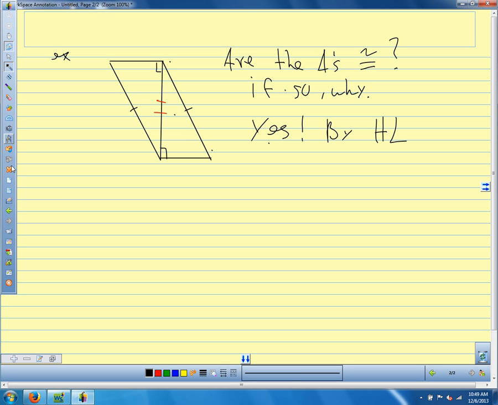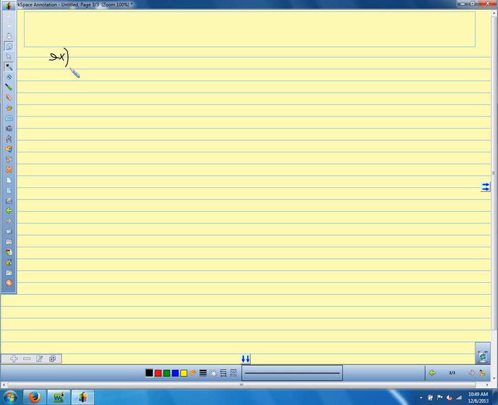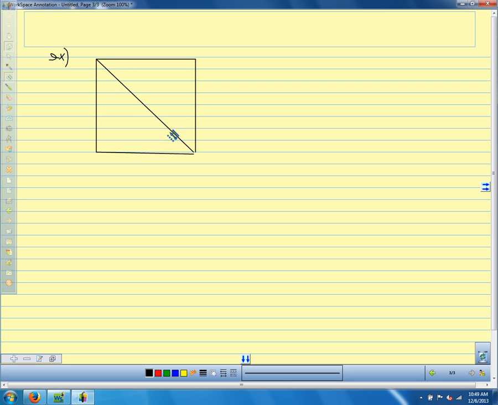I want to do a proof using hypotenuse leg. So here is my picture. And we have a 90-degree angle here, right angle here, right angle there.